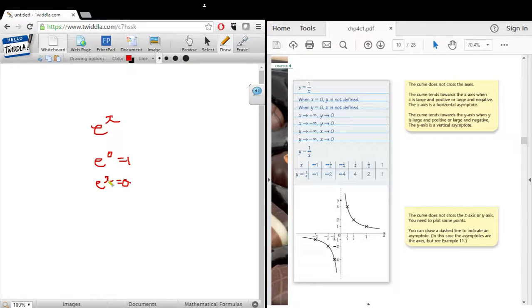I can't remember what x will be, but regardless, the idea here is that the asymptote never touches the axes, and they have these values of x from minus 1 to 1.